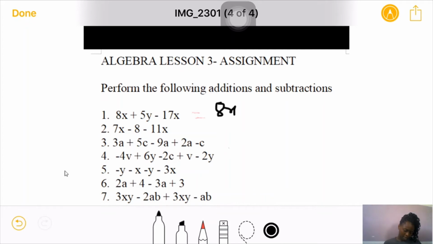So the ones with x will come to one side, minus 17x plus 5y. So in this case, we have a subtraction which some of you would say is not possible, but these are integers, addition and subtraction of integers.